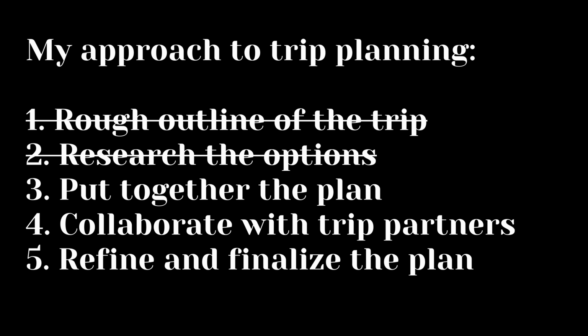So we put together the plan so we can cross that off of our list here. And now the thing that's left is we need to collaborate with trip partners and then refine and finalize the plan, which is separate and away from all of this. Involves conversations and looking over the materials and making whatever adjustments. And that's the way that we trip plan using all these different tools.